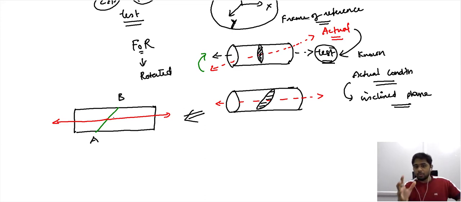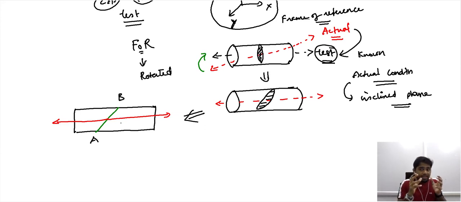I hope you understood why we are considering this region of interest AB, because we want to understand the actual loading condition. Through all these frame of reference rotations and all these different steps that we have considered, we end up having an inclined plane.